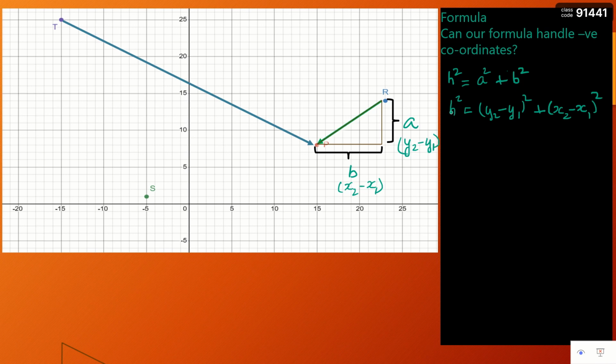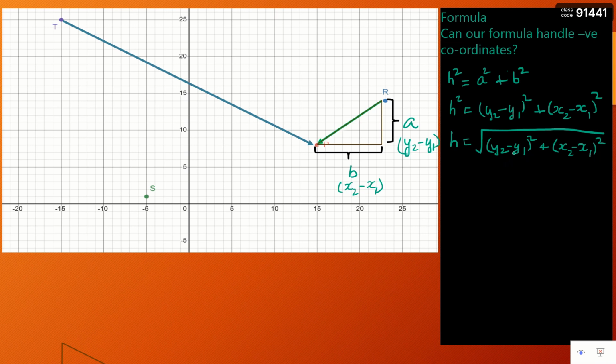But remember, this gives us h squared. If we want to find the hypotenuse and not the square of the hypotenuse, then we have to take the square root of (y2 minus y1) squared plus (x2 minus x1) squared.